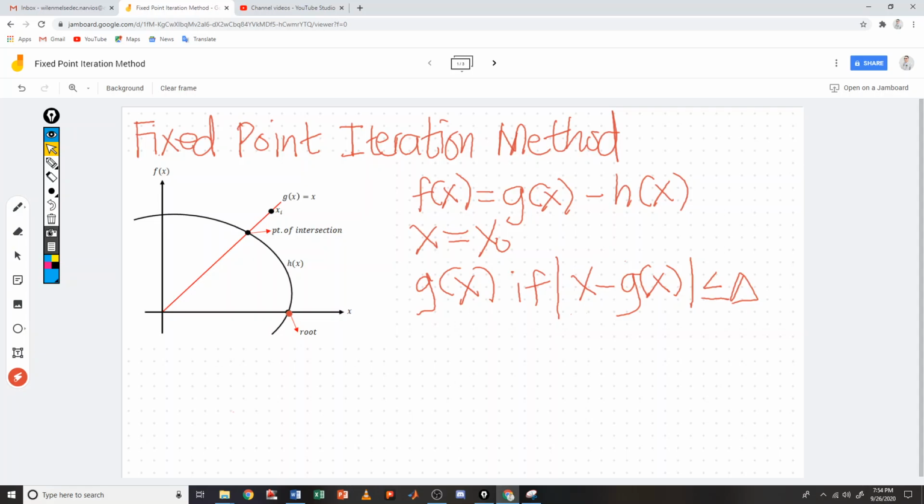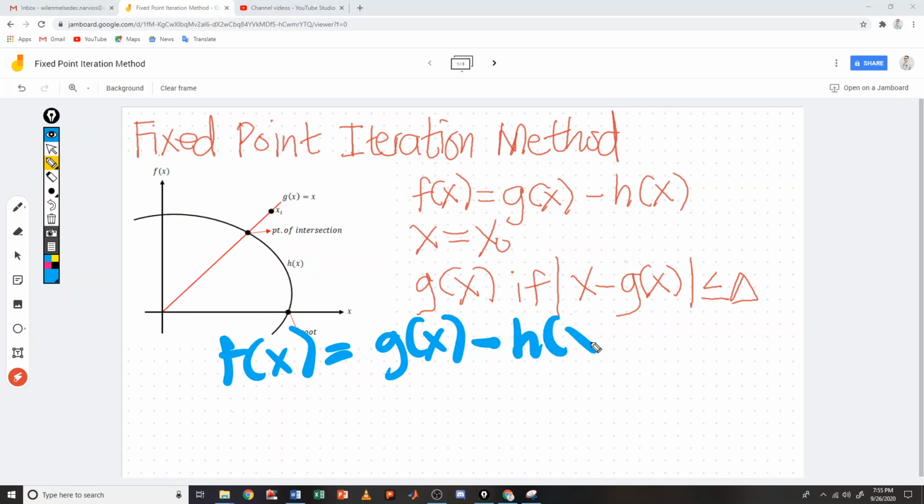Okay, so if we consider the function f(x) = g(x) - h(x), and we consider that f(x) = 0, then we have 0 = g(x) - h(x).